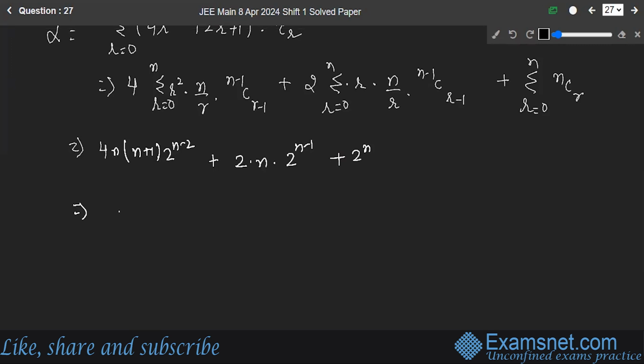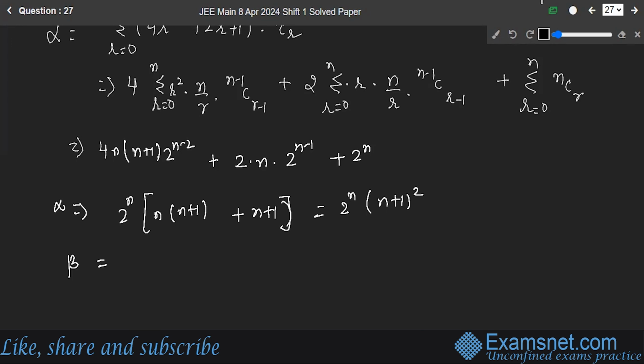Or let's take 2 raised to power n common. This will be n into n plus 1, and here it will be n plus 1 only. And this will be 2 power n plus 1 whole square. So this is your alpha.